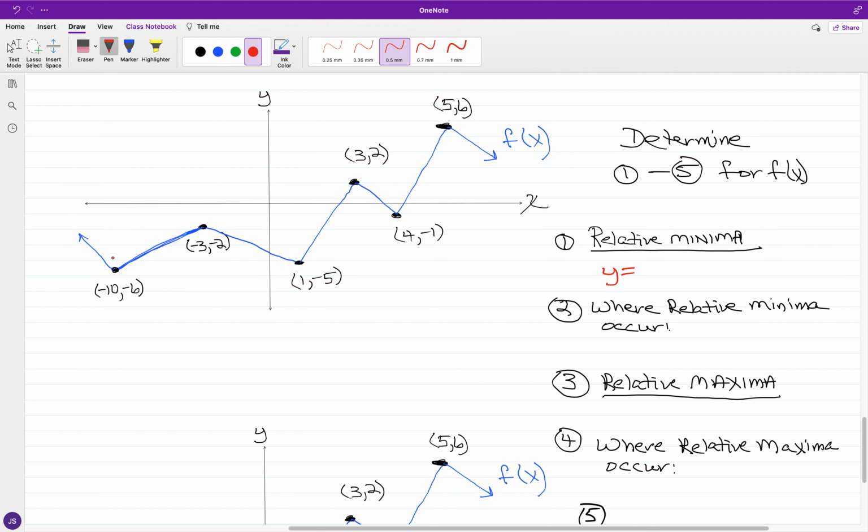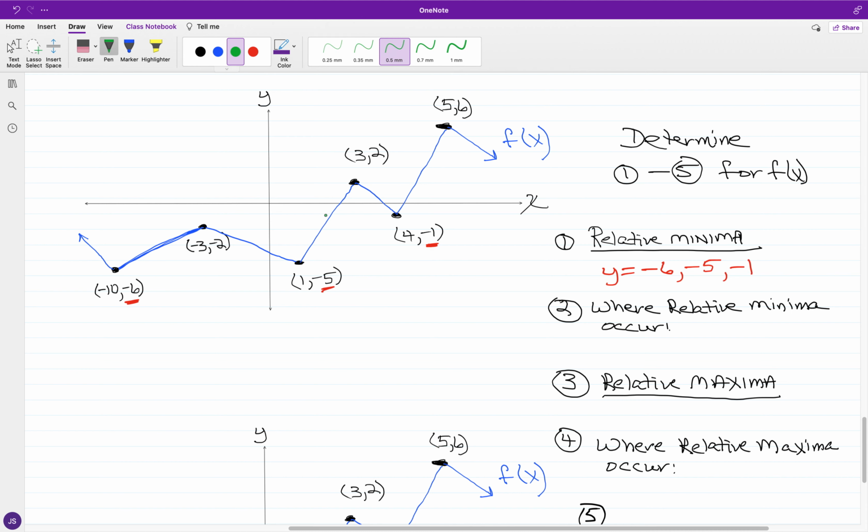Just reading from left to right, for your bottoming out points, (-10, -6) is such a point, so you have y at -6, and the next bottoming out point we have at (1, -5). We have one more bottoming out point at y equal to -1. So for the relative minimum, we have y equal to -6, also y equal to -5, and also y equal to -1.